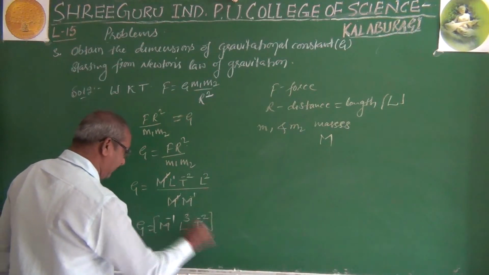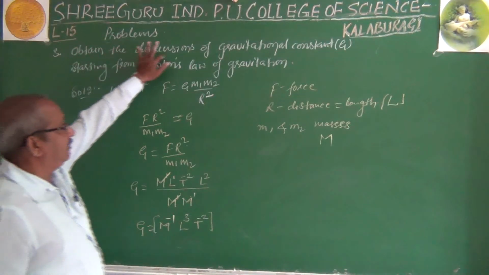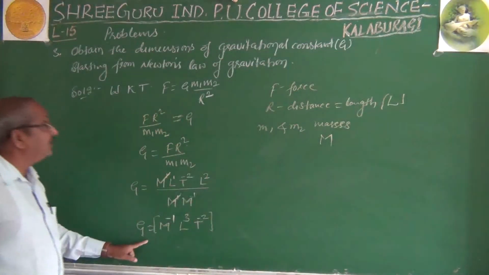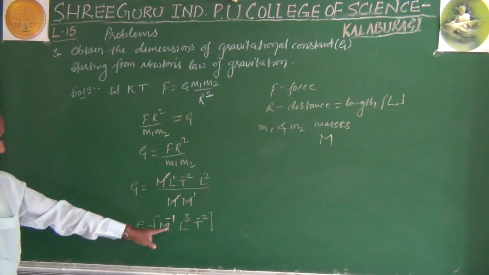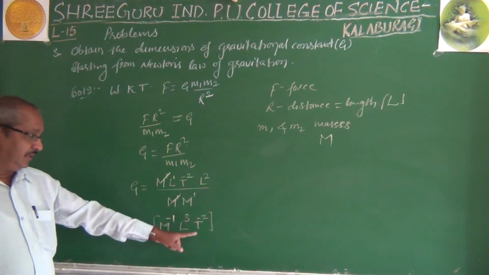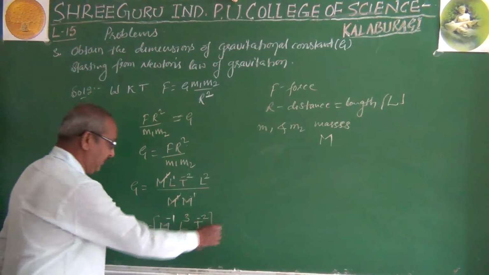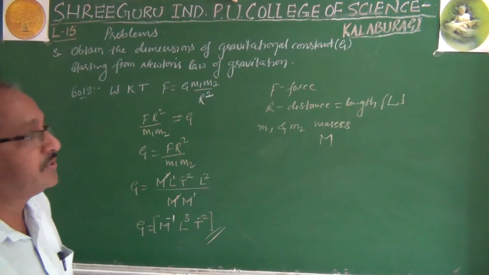This is the dimensional formula. What they asked: obtain the dimensions of the gravitational constant. And this is the dimensions of the gravitational constant: M raised to minus 1, L raised to 3, T raised to minus 2. This itself is the dimension of the gravitational constant.